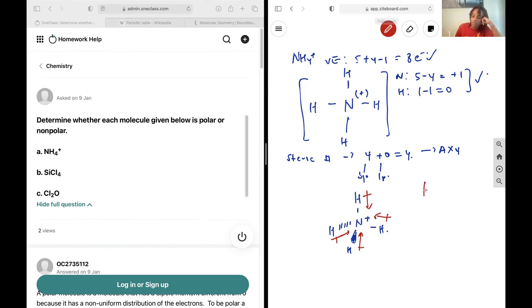And so we're going to be left with a dipole pointing inwards and an equal dipole pointing upwards, because you're only going to be left with the vertical component of these 3. And so these 2 are going to cancel, leaving you with a non-polar molecule, because that is equal to a 0 net dipole moment. And so our first one is nonpolar.